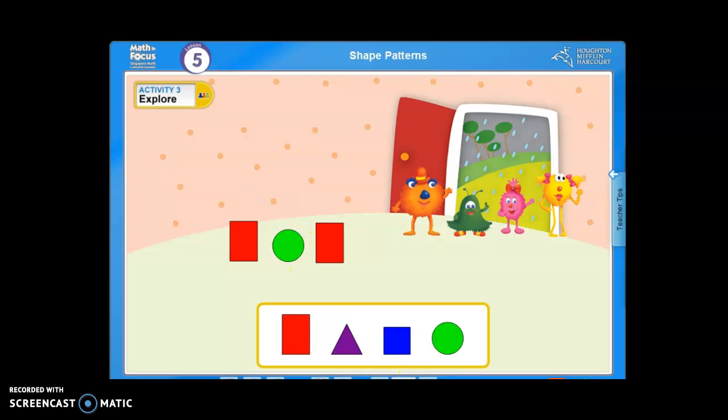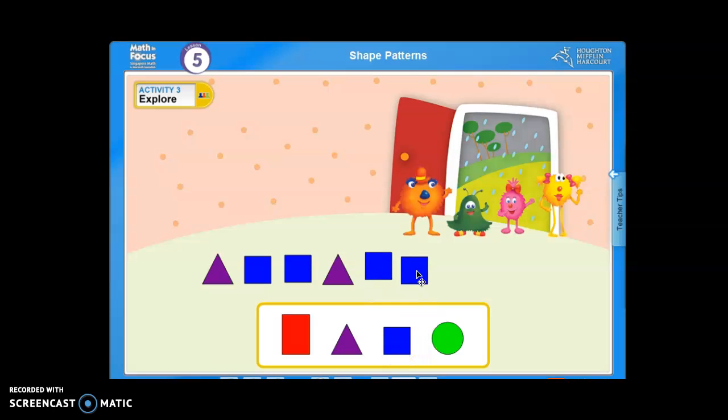Alright, let's do another one and see if you can figure it out. We'll do the triangle, square, square. Triangle, square, square. Triangle, what's going to come next? Square, and then what's going to come next? Square.